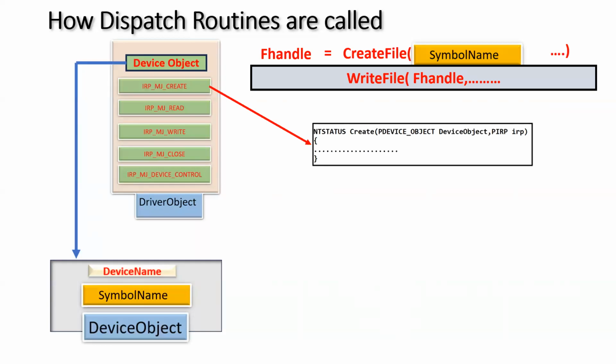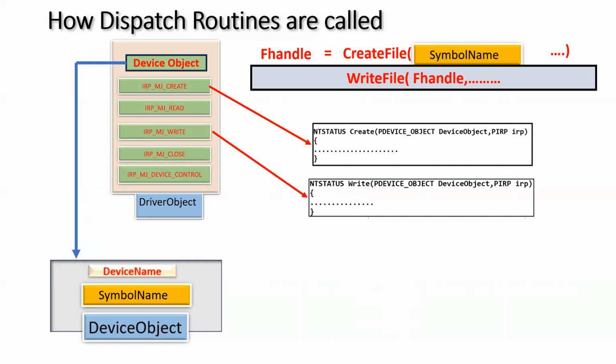Next, when WriteFile is called with the parameter as the file handle, which is derived from CreateFile, the code associated with the IRP_MJ_WRITE dispatch routine is invoked. Similarly, this will happen for IRP_MJ_READ as well.